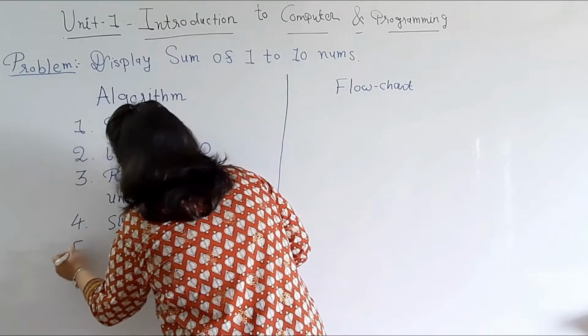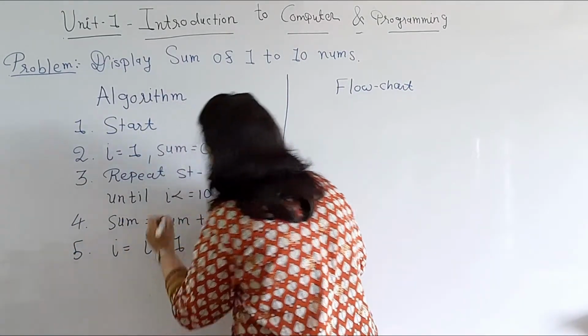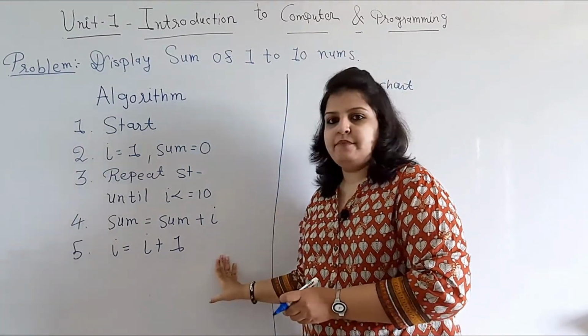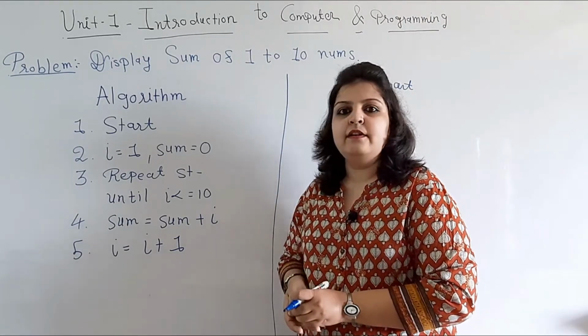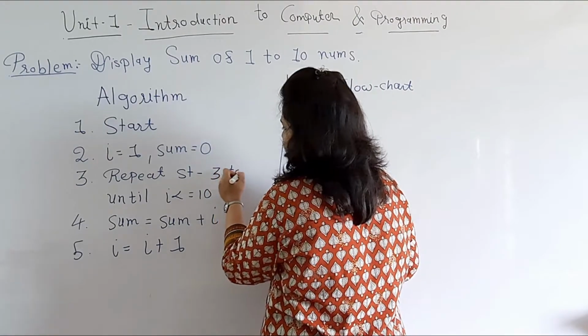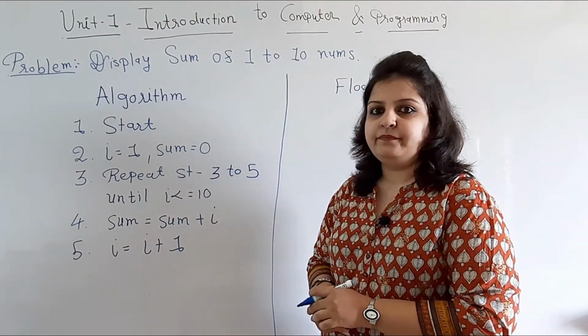For that we increment the value of I. These 3 steps we have to repeat until I lesser equal to 10, so here we can write statements number 3 to 5.